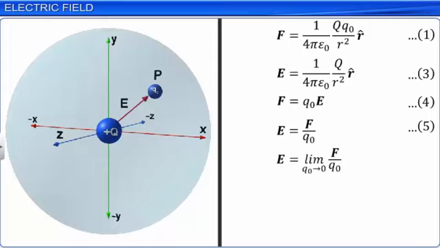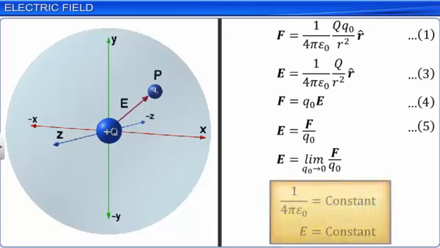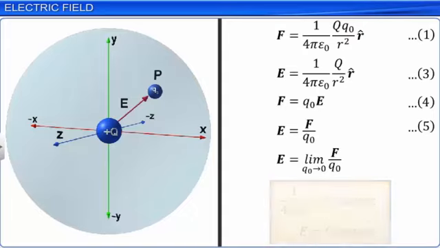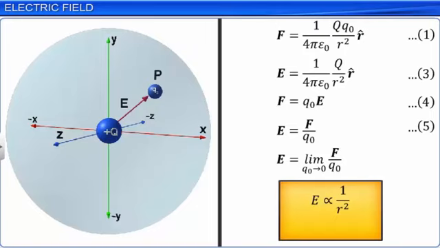For a given distance R from the source charge Q, the value of 1 by 4 pi epsilon naught is always constant, and hence E, as given by equation 3, will also be constant. Hence, the electric field strength E at any distance R from the source charge Q is independent of the test charge Q0.